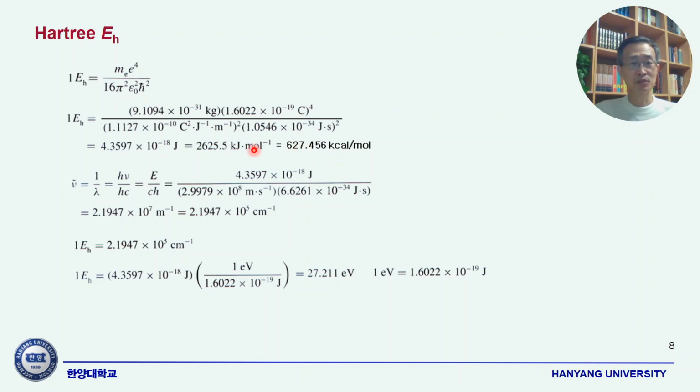Then you may calculate the wave number equivalent of Hartree, which is 2.1947 times 10 to the 5 reciprocal centimeters. And Hartree in electron volts is 27.211. I recommend remembering this one and these two. So, 3 numbers you need to know about Hartree.